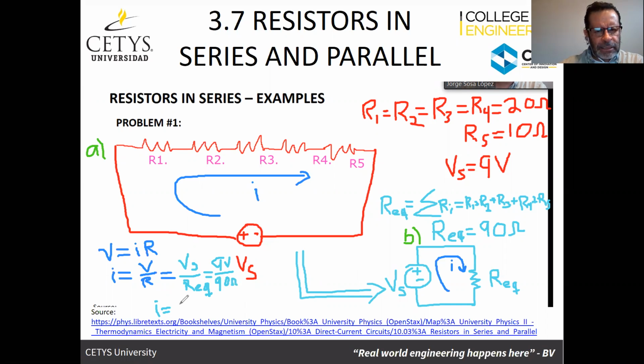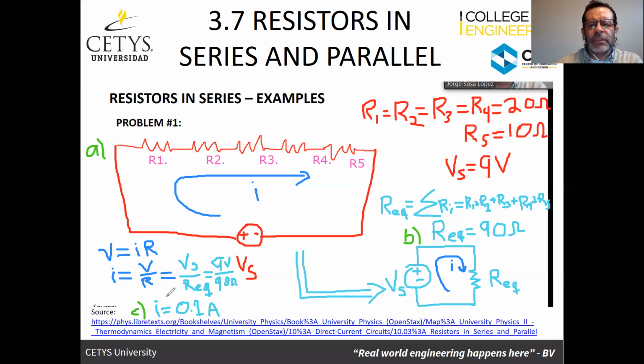And this means that the current is going to be equal to 0.1. What are the units for the current? Amperes. Amperes, correct. And amperes sounds weird in English, so we usually abbreviate these as amps. So it's 0.1 amps.